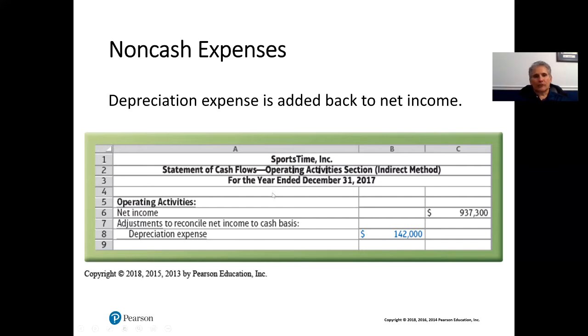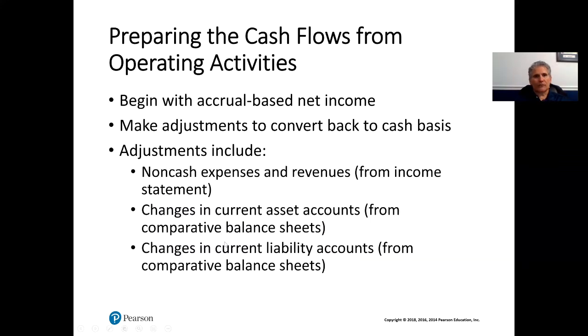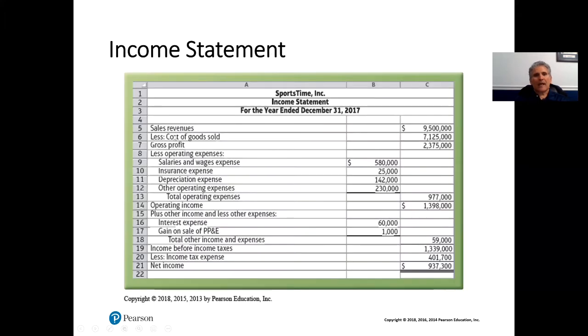The first thing we're going to look for is depreciation expense. Let's go to the income statement and look for depreciation expense. There's depreciation expense. What was it? $142,000. If you recall, the depreciation expense recording is a debit to depreciation expense and a credit to accumulated depreciation. That has nothing to do with cash.